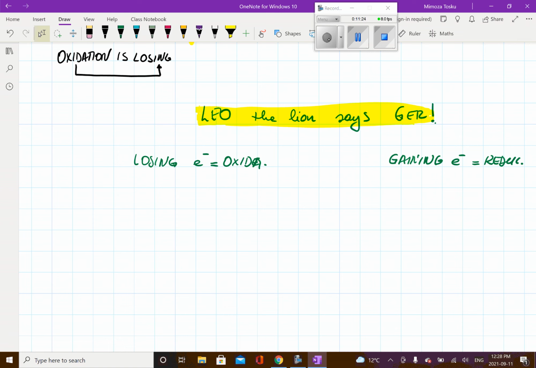So let's work with a simple example in which we see the oxidation and the reduction happening, and this is in, let's say, sodium chloride.